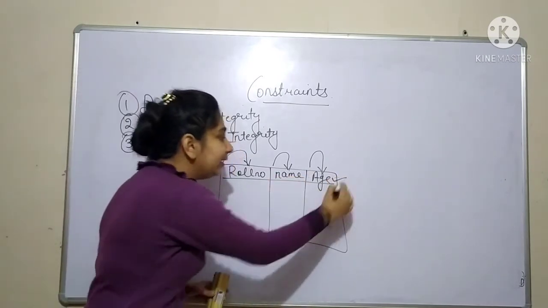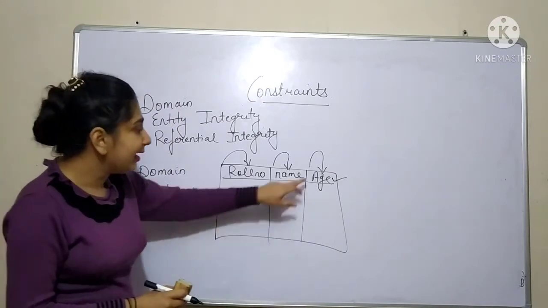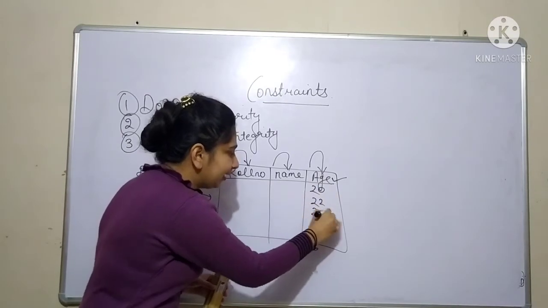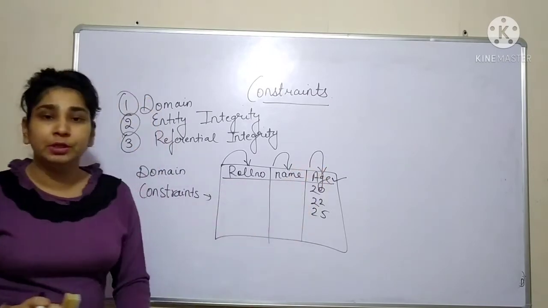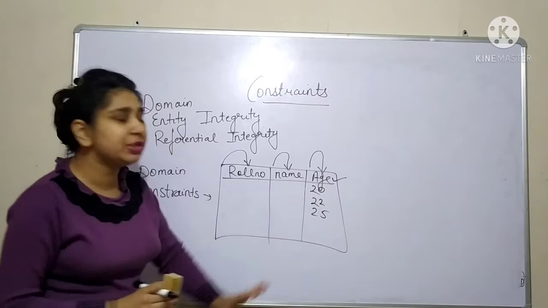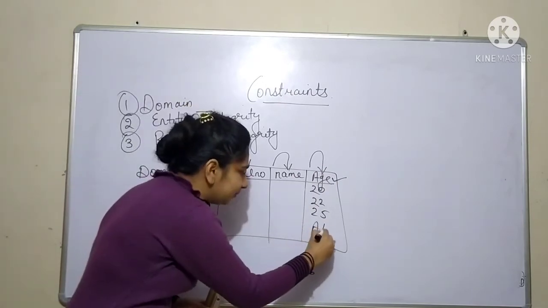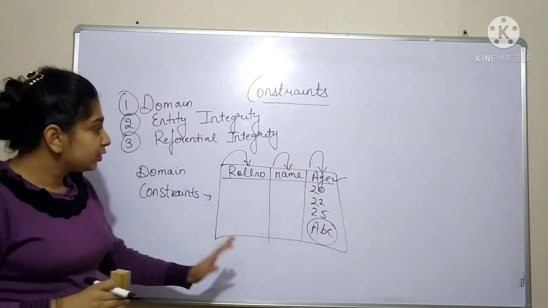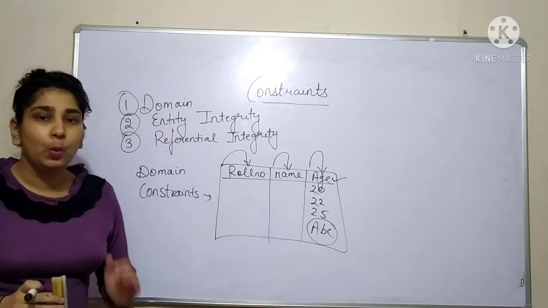Age is something integer value, like this. So in this column you are bounded to add only integer values. You can't store characters in this age column. You are bounded to store only integer values.